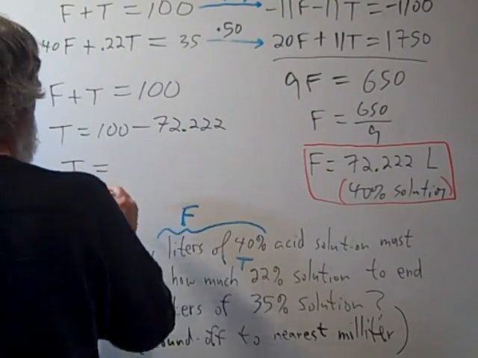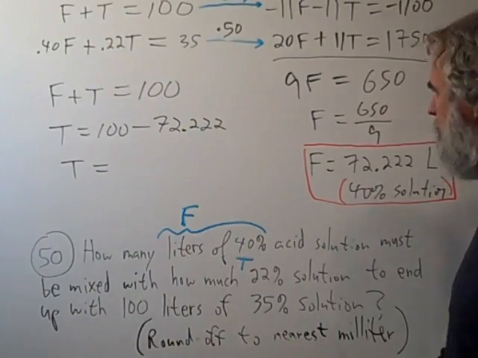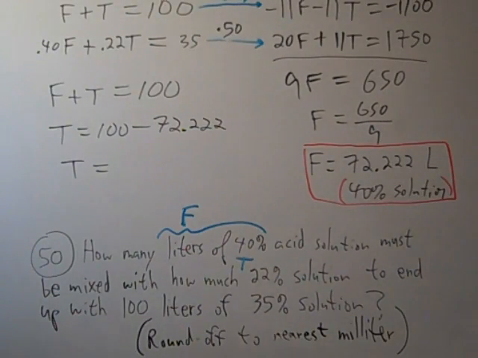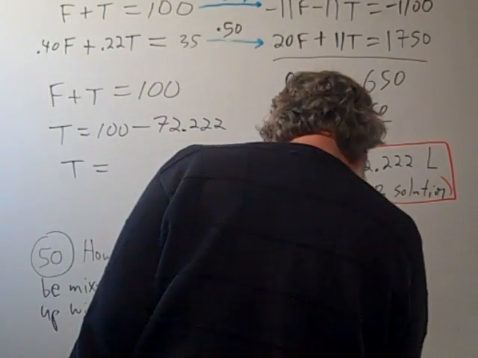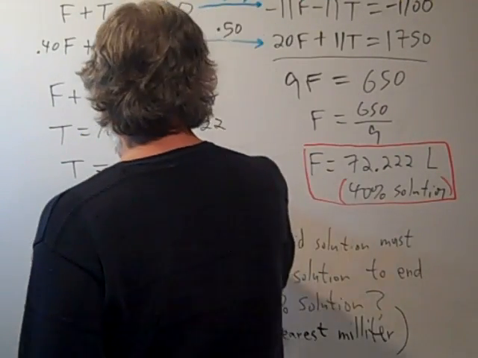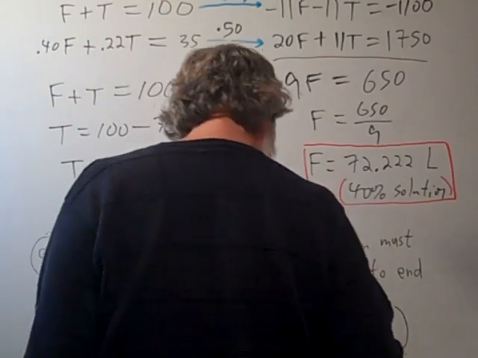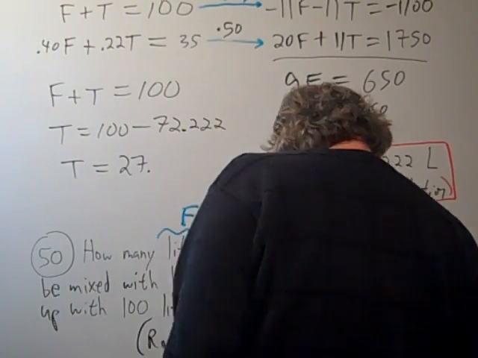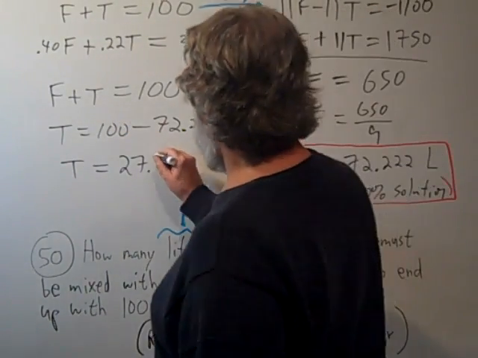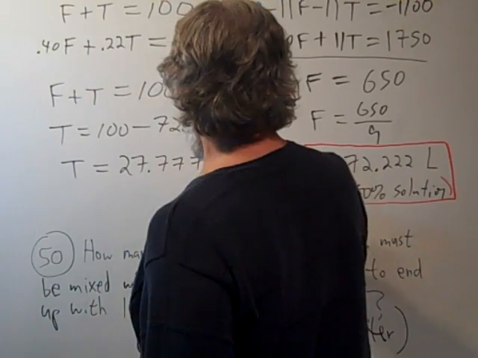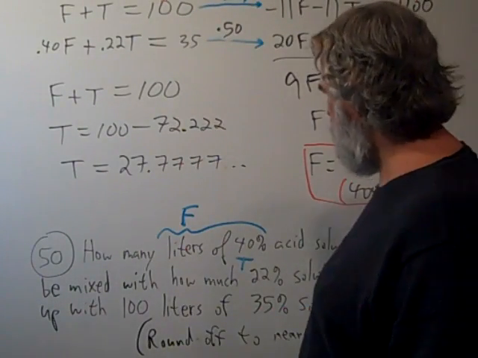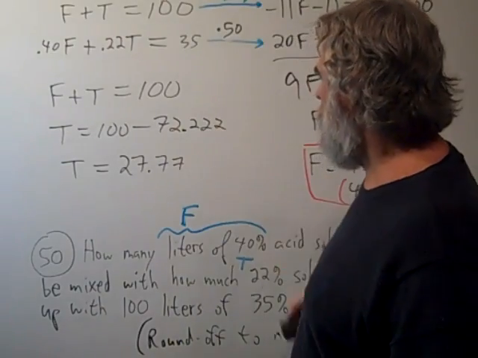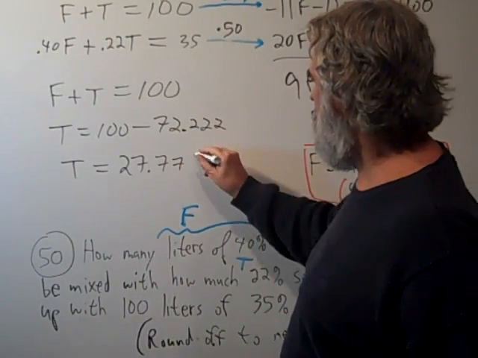So T is equal to 27.777 and a bunch of sevens, and actually that's what it would be, but we're rounding to the nearest milliliter.